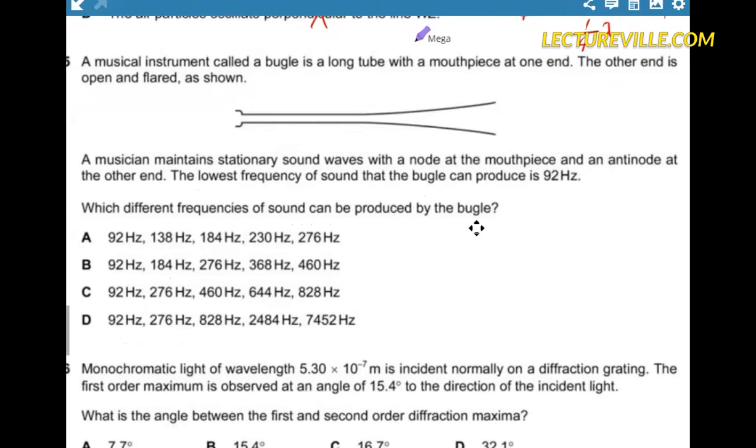Okay, so remember, the bugle should always produce an antinode over here. So this can be done. I'm making a smaller bugle like this, or in the same length, you can do like this, or you can do like this. They all will be producing a stationary wave in the bugle.